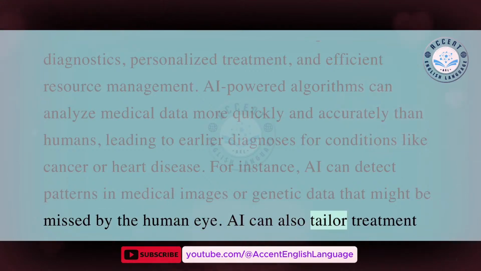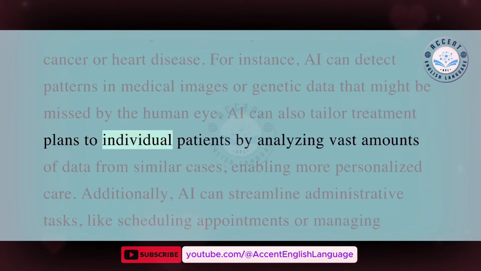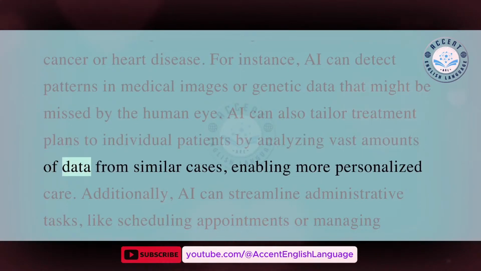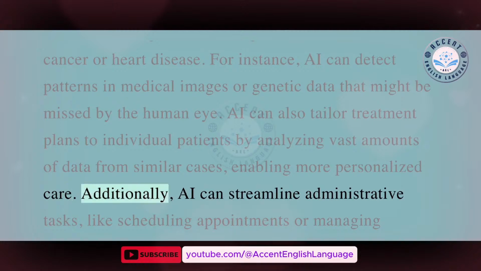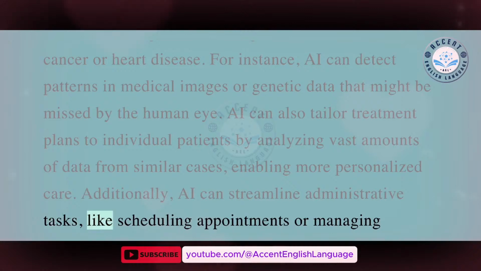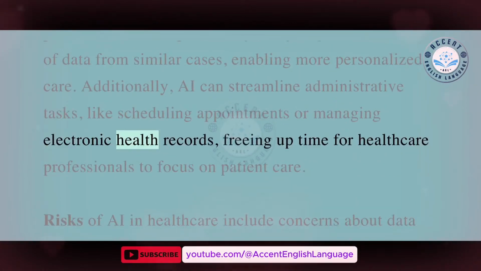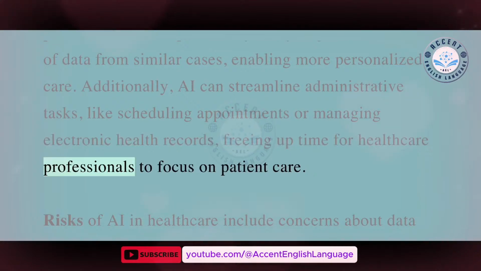AI can also tailor treatment plans to individual patients by analyzing vast amounts of data from similar cases, enabling more personalized care. Additionally, AI can streamline administrative tasks, like scheduling appointments or managing electronic health records, freeing up time for healthcare professionals to focus on patient care.